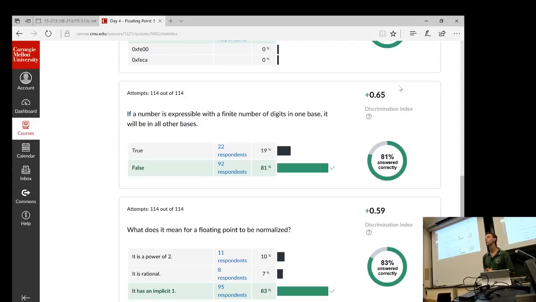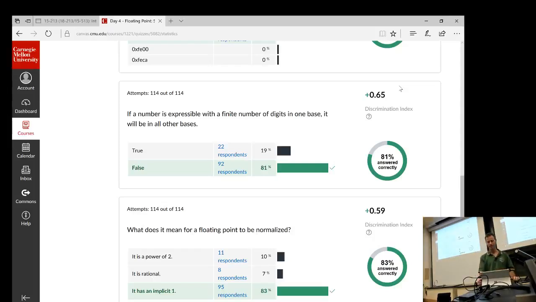So question 2 goes back to the example I gave earlier at the very beginning of class, where I talked about how representing 1/10 can be done in a finite number of bits in base 10, but it's a repeating sequence, an infinite number of bits to get exactly right in base 2.